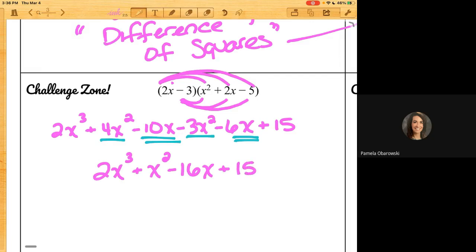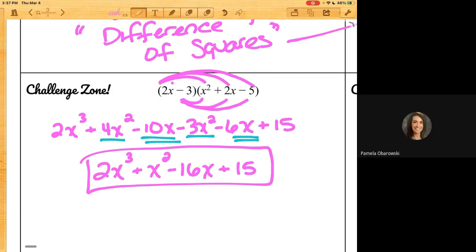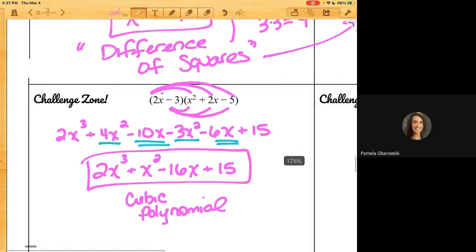That I would call a cubic polynomial. I'm just calling it a polynomial because it has more than 3 terms. So that would be a cubic polynomial. Okay. See, that wasn't so bad.